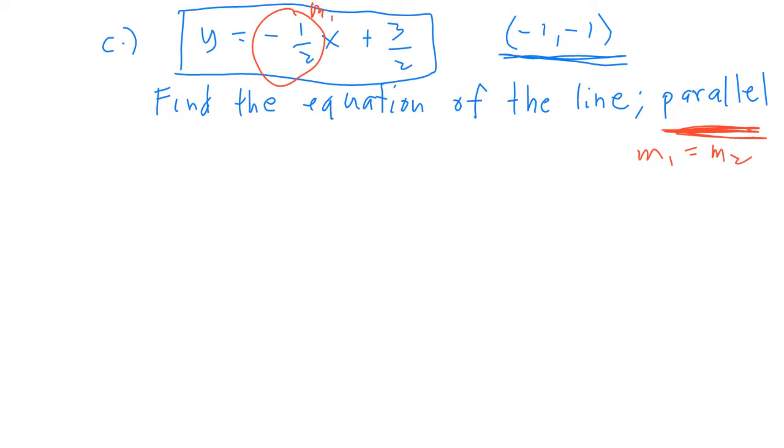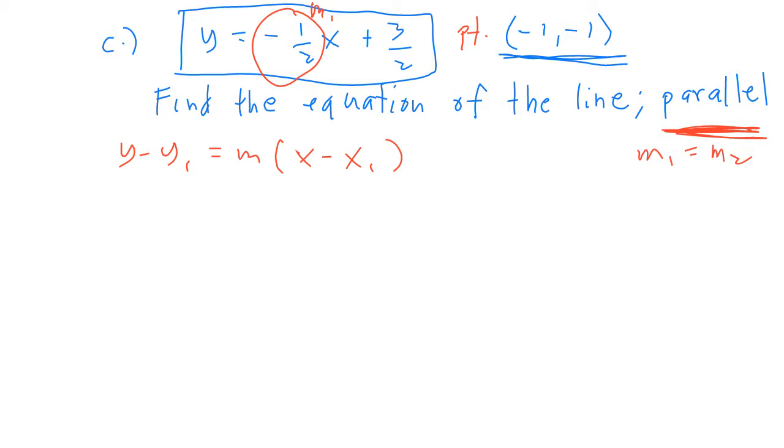So finding that equation that is parallel to the given line passing through this point here, negative 1 comma negative 1, you will just apply the third formula, which is y minus y1 is equal to m times x minus x1.